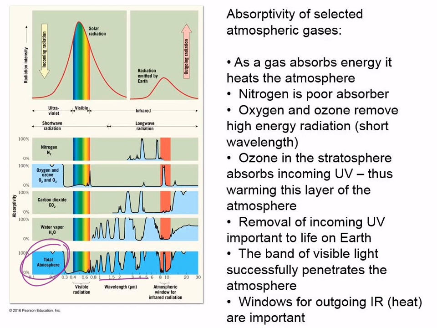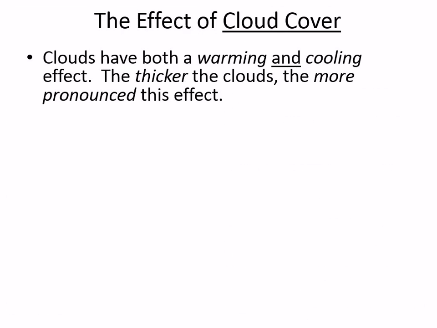This right here is important because the thermal part, the red part, means heat. We need the Earth to be able to cool off. So we want to leave that window open, quite frankly. It's an important window. So that's how that works.